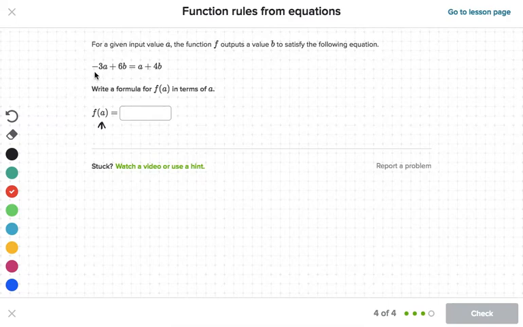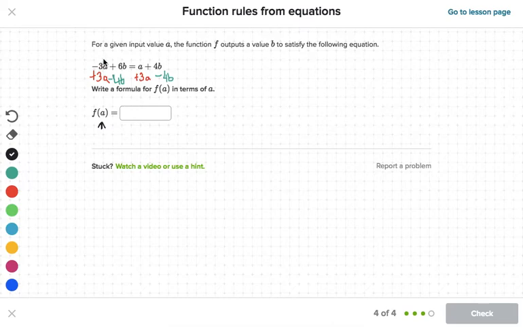I'm going to add 3a to both sides here, and because I added 3a, I'm going to subtract 4b from both sides. Just making sure you're doing it from the opposite sides.